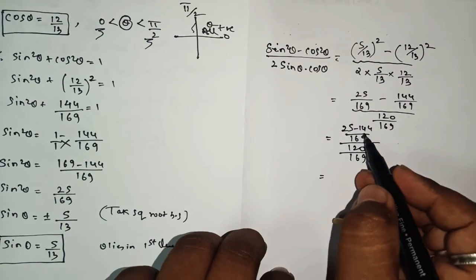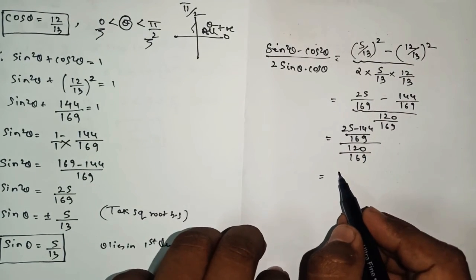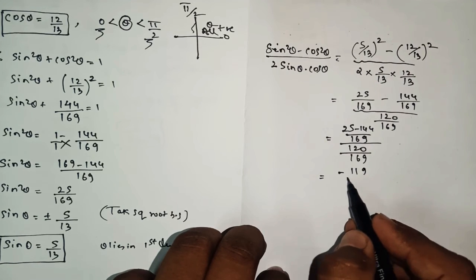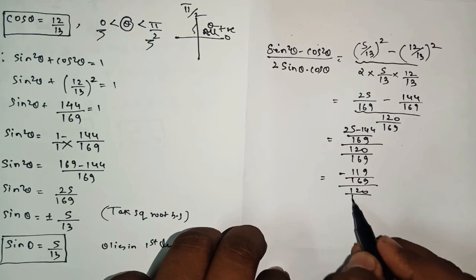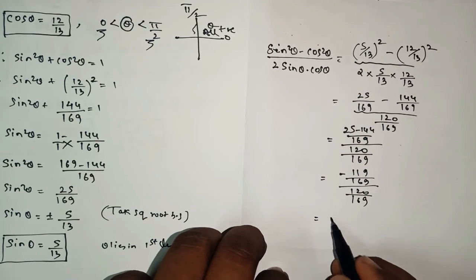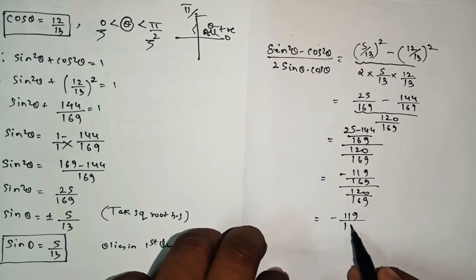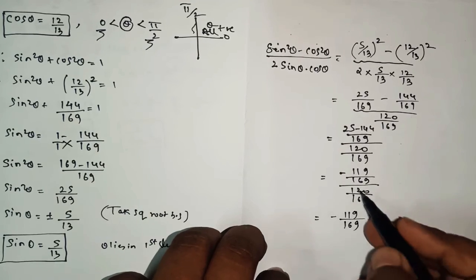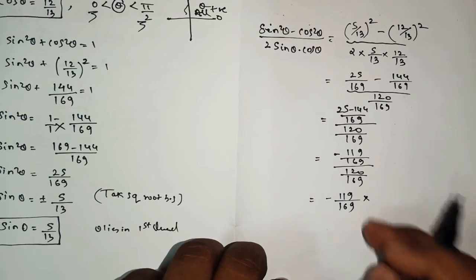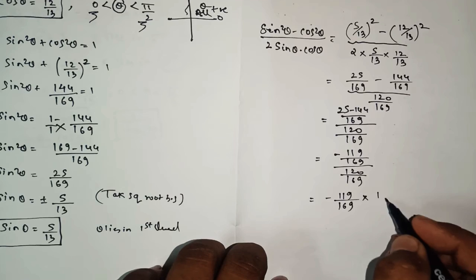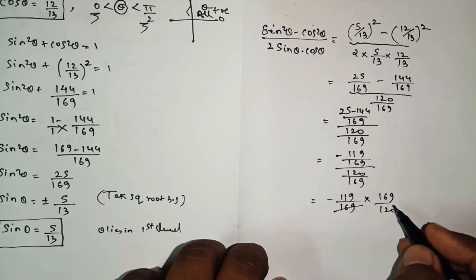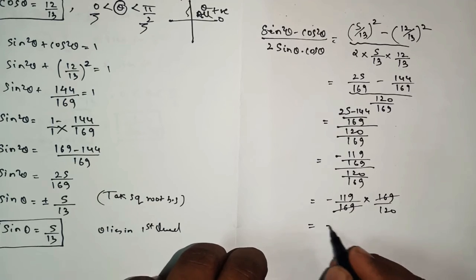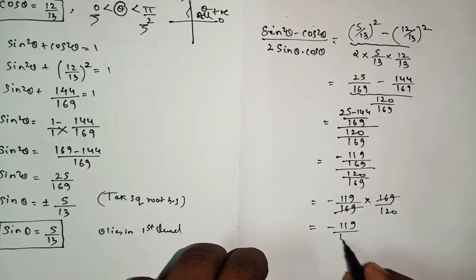So 25 minus 144, here you will get minus 119 upon 169, over 120 upon 169. Yes or no? So minus 119 upon 169, as here it is division, when you do multiplication it will take the reciprocal. So 169 upon 120, so 169 will get cancelled, and you will be left with minus 119 upon 120.